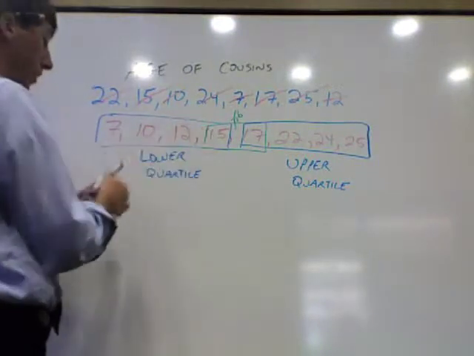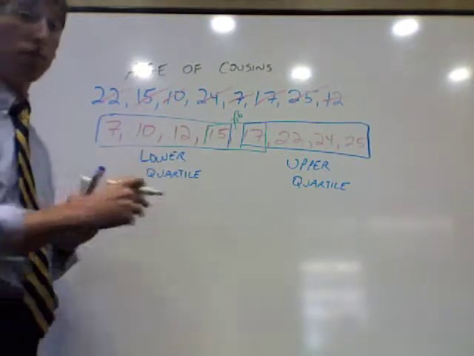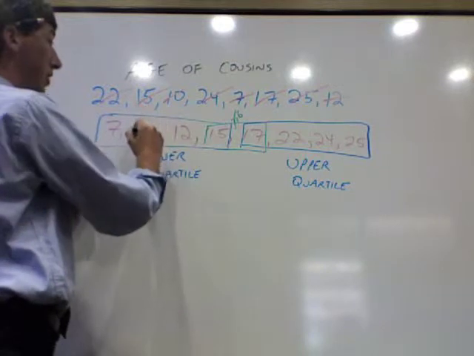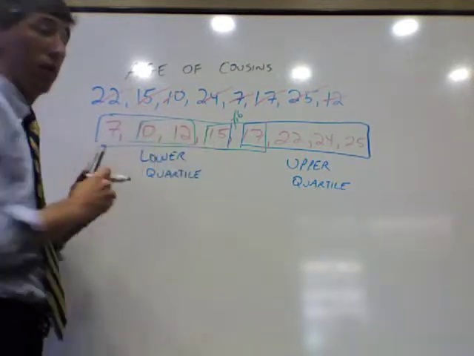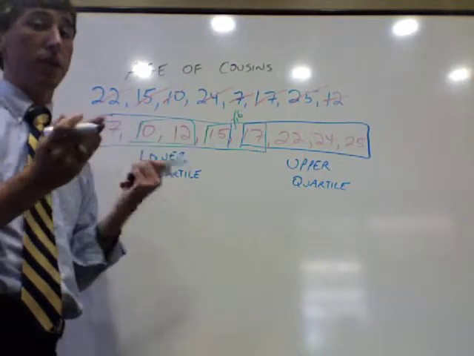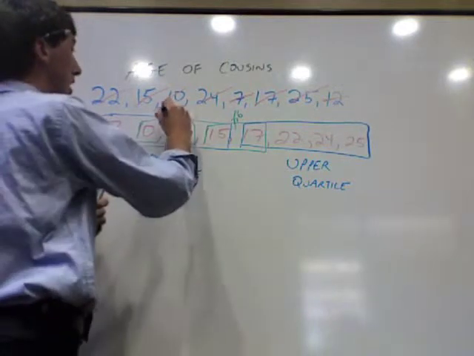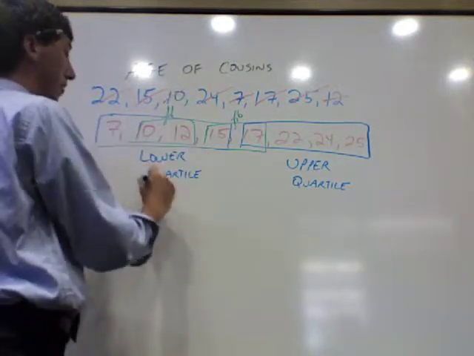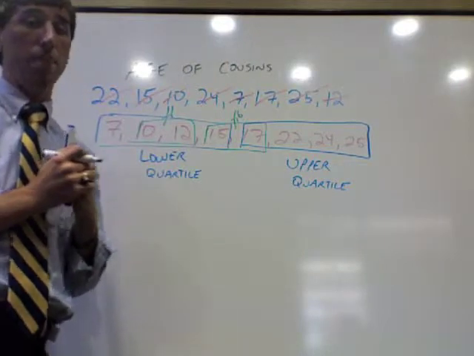Looking at my lower half of data, I see that my median would be between 10 and 12. The number that lies in between 10 and 12 is 11. So 11 is my lower quartile.